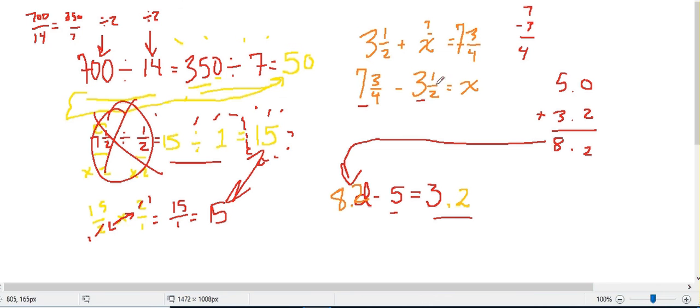Subtract 3/4 minus 1/2. Change this to 2/4. That gives 1/4, because we keep our denominators; we don't change them in adding and subtracting of fractions.